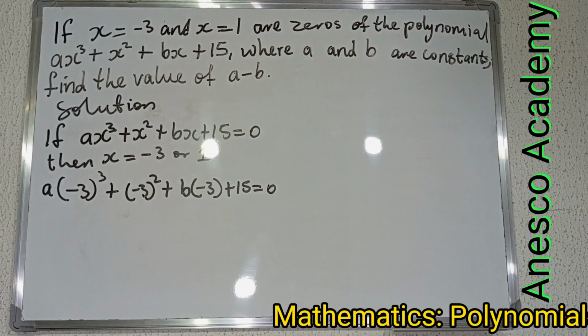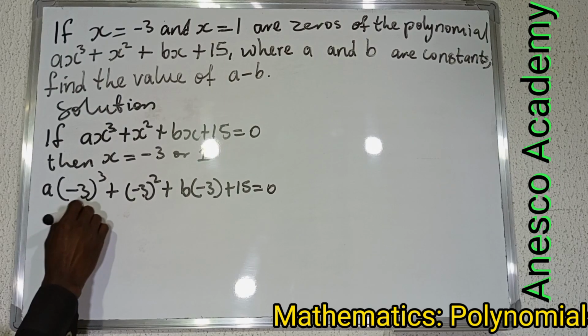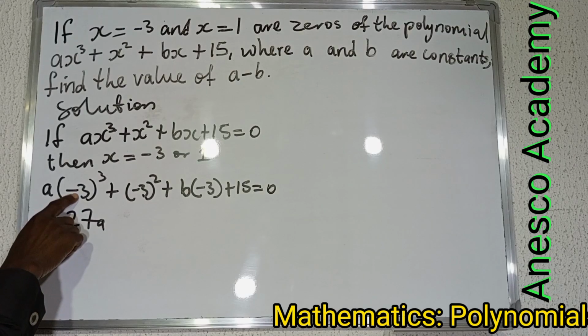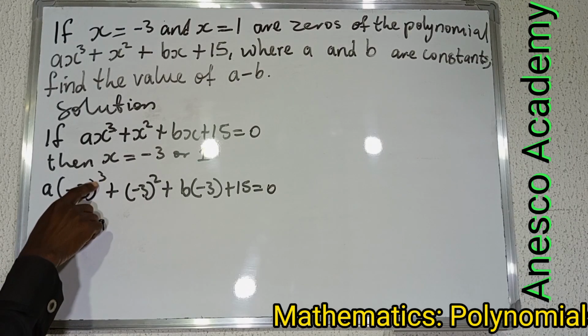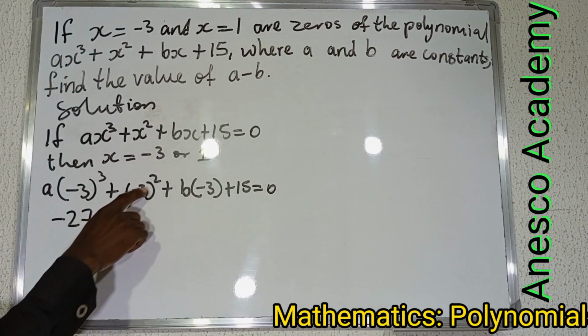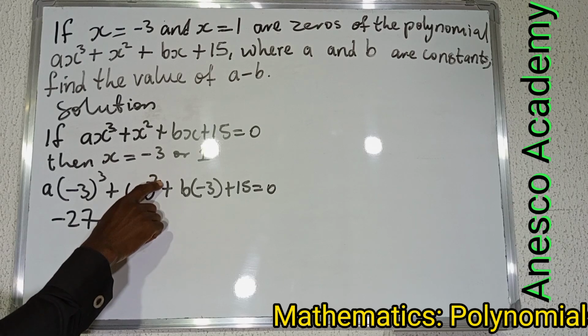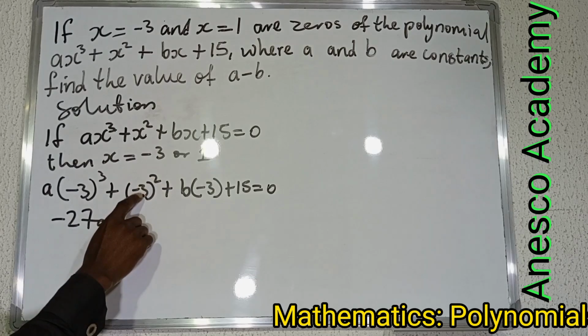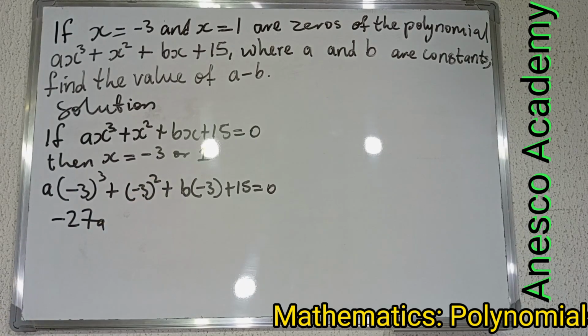-3 raised to the power 3 is -27. When a negative is raised to a power, if the power is odd, the negative sign will be retained. But if the index is even, the negative sign is cancelled.